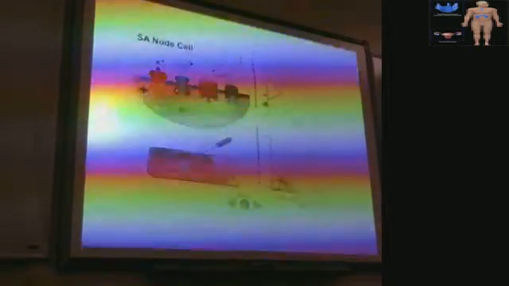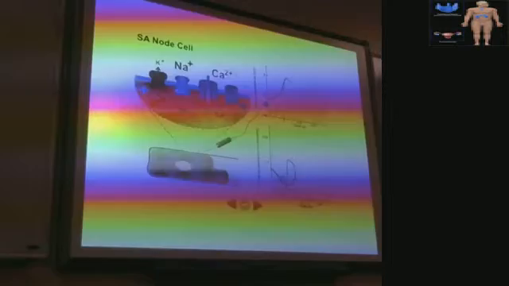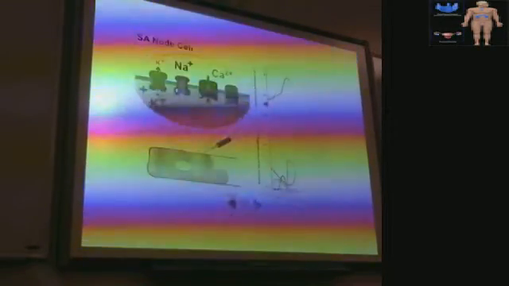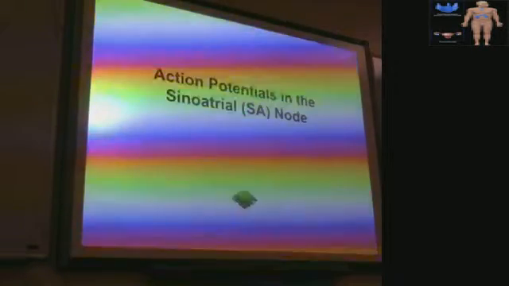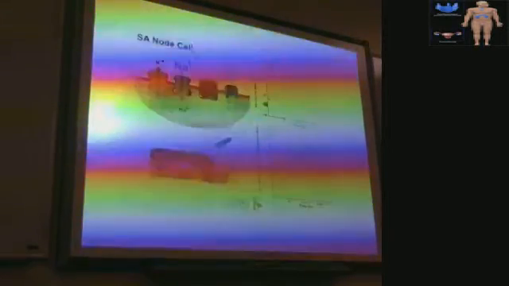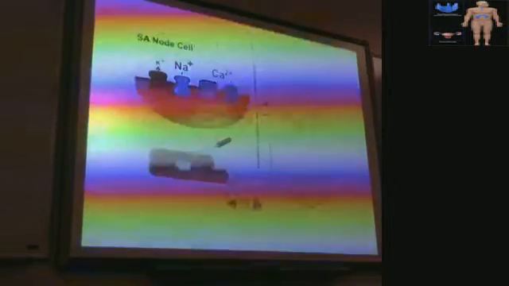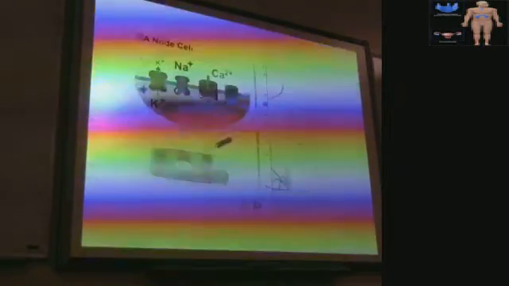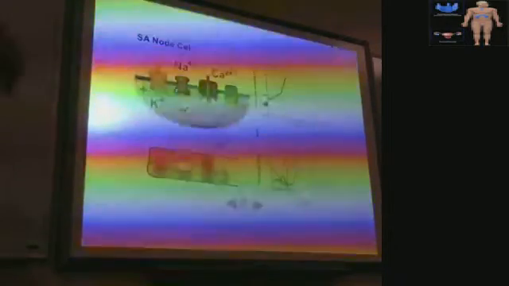The second thing that happens is the calcium channel, the T. And then the third thing that happens is the T's coming in, and then the L pumps more calcium in, and you get the big hump coming up right here.